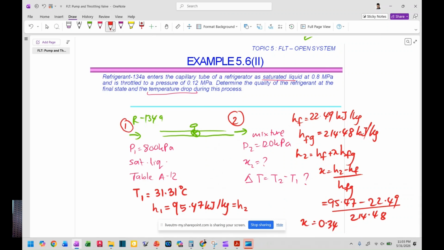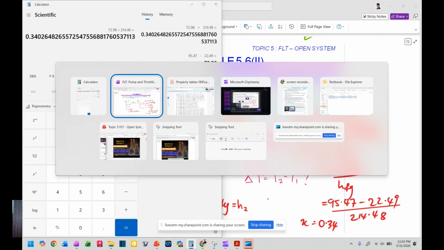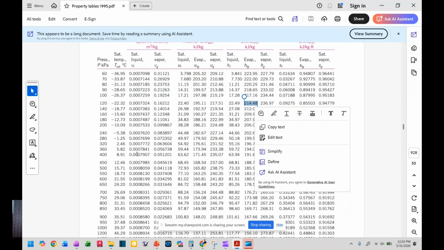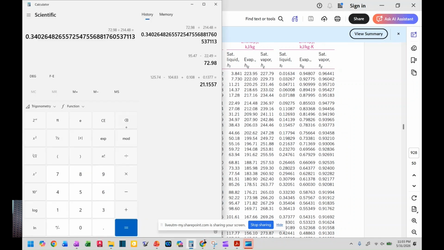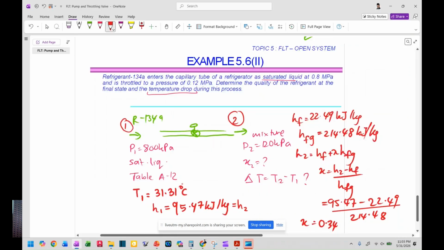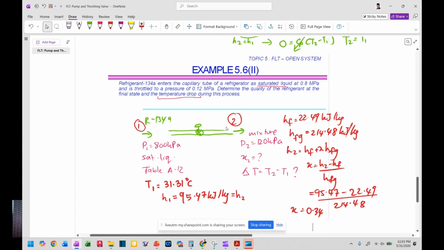Okay, that's what it says. And if you look at table A12, since it's a mixture, you can just simply take the saturation temperature as the temperature at state 2. So 120 corresponds to negative 22.32. So let me just shrink this a little bit.